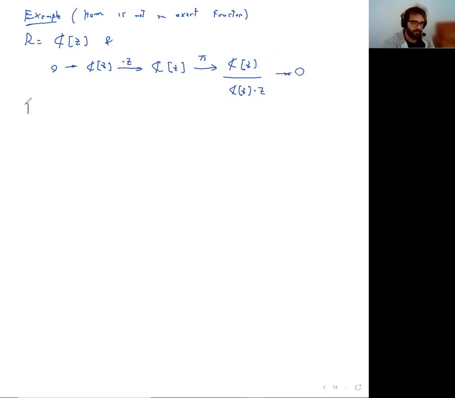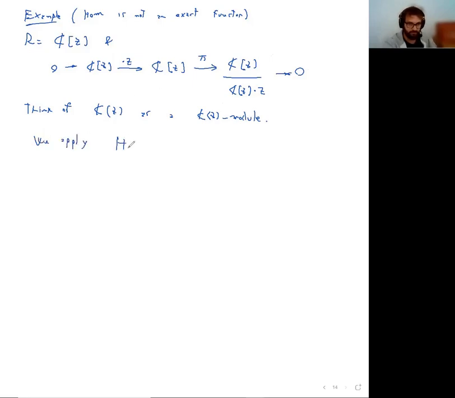And now we can think of C[Z] as a module over itself, so as a C[Z]-module.